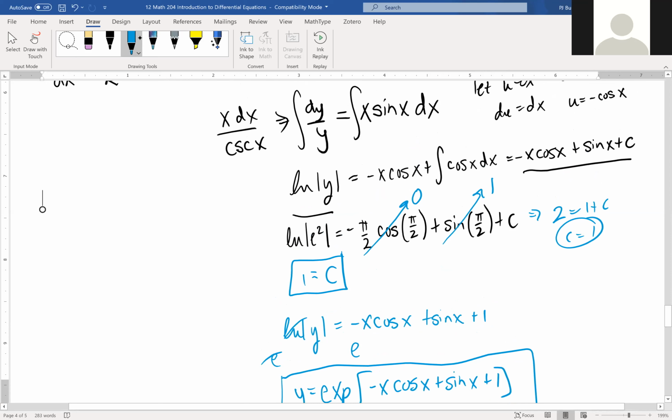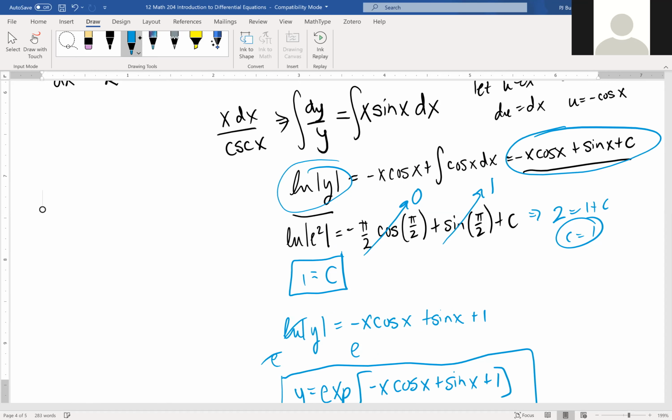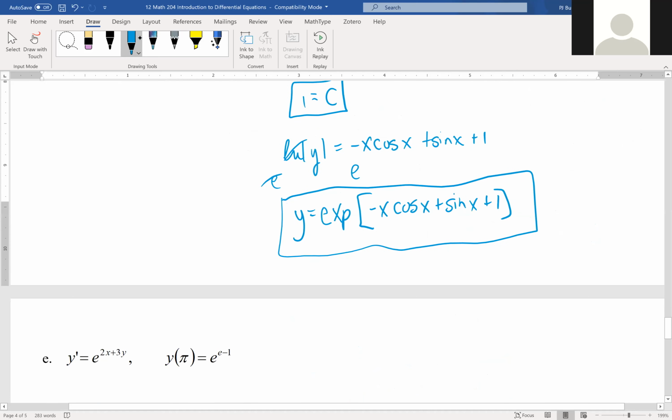So natural log of y equals this was the general solution. This is the particular.